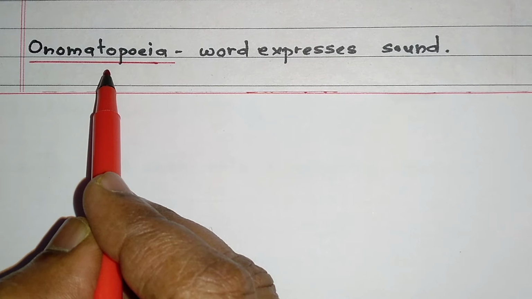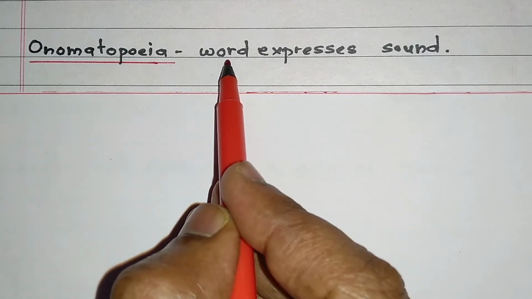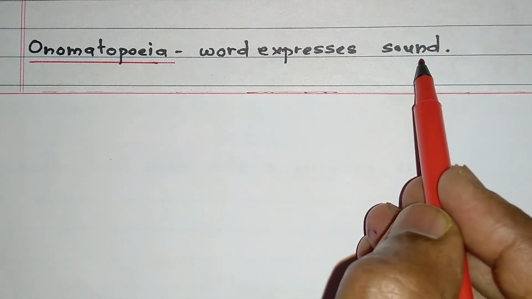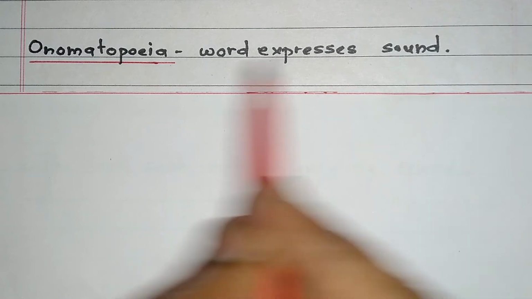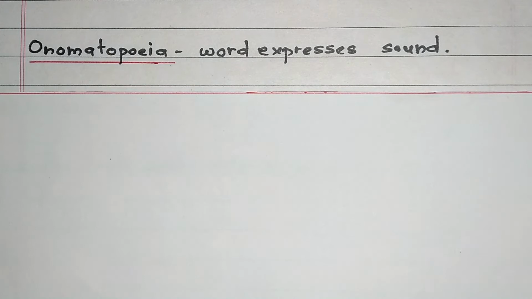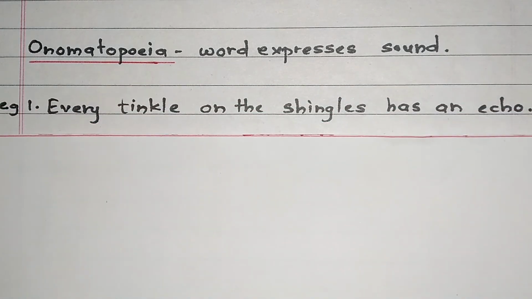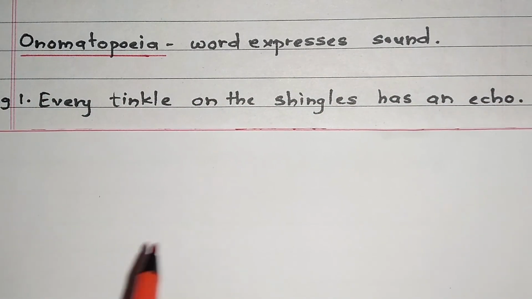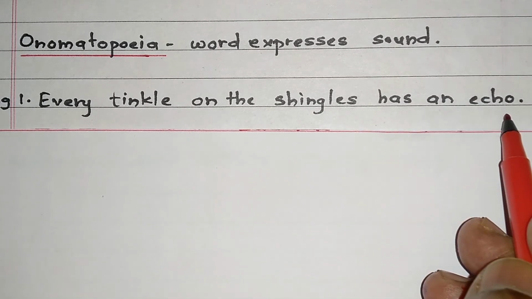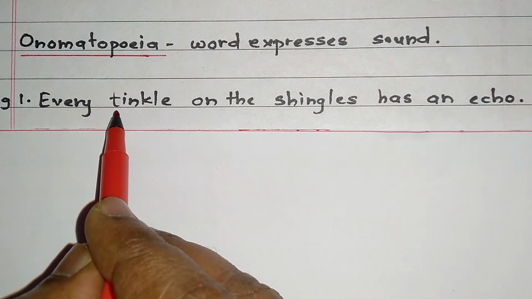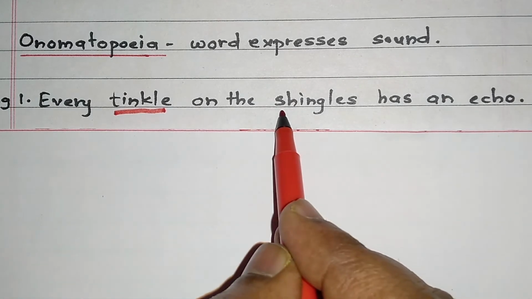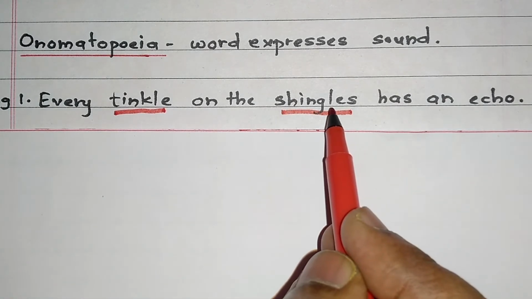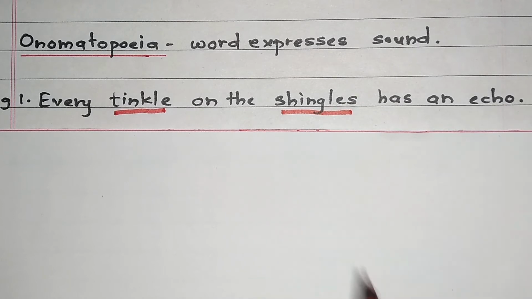Friends, very often the poet uses certain words which express sound. Then we say that the figure of speech or the poetic device is onomatopoeia. For example, every tinkle on the shingles has an echo. Here, have you noticed the word tinkle and shingles expresses sound?